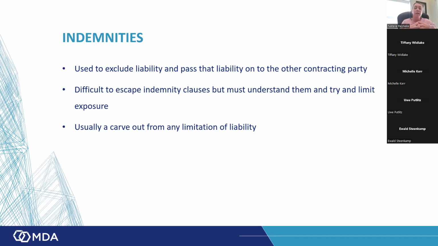All it means is that if I am going to be responsible for a claim to someone, you, as the contractor, for example, agree to step in and take responsibility for that claim. So if you're the indemnified party, you take no responsibility for it, and the indemnifying party takes responsibility for it. I think that's the simplest way I can explain the indemnity clause.